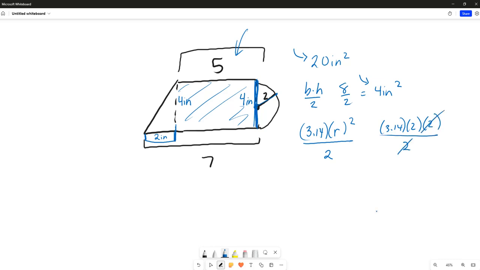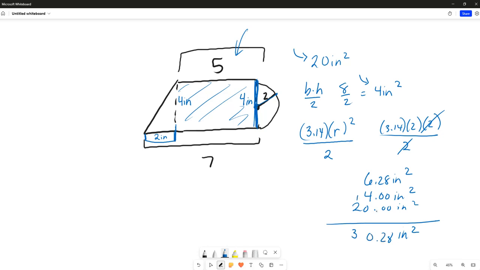That will cancel, so it's going to be 3.14 times 2, 6.28. Now we add all of these up. So this is going to be 6.28, 4 inches, and 20 inches. So our area for this shape is 30.28 inches squared.